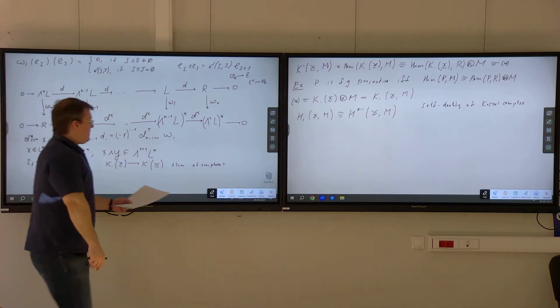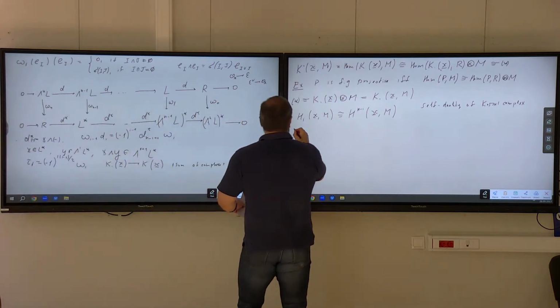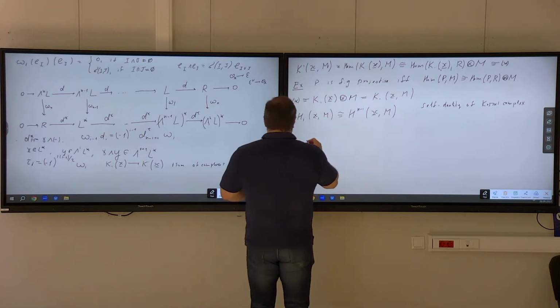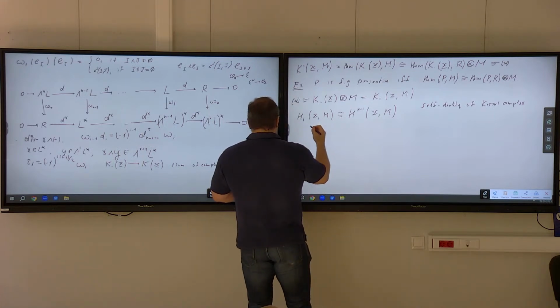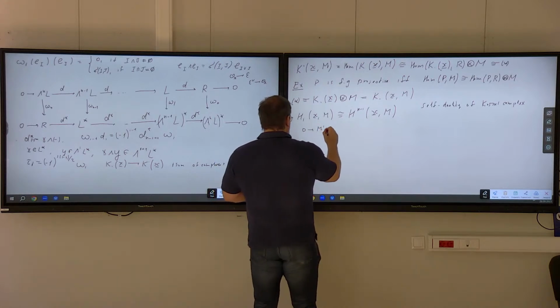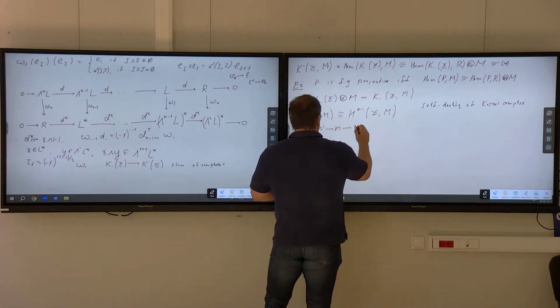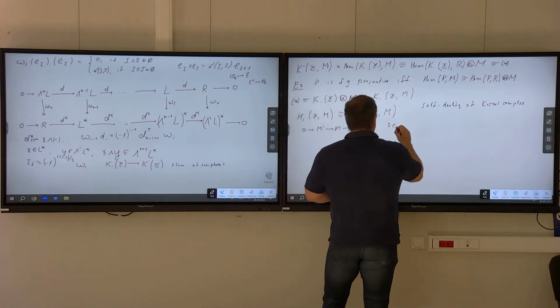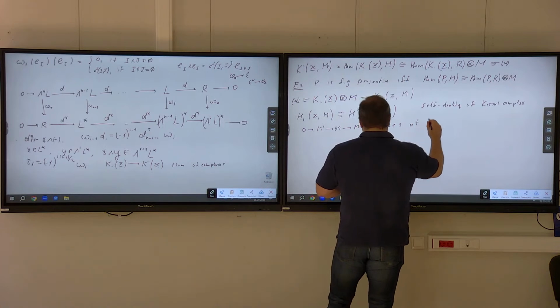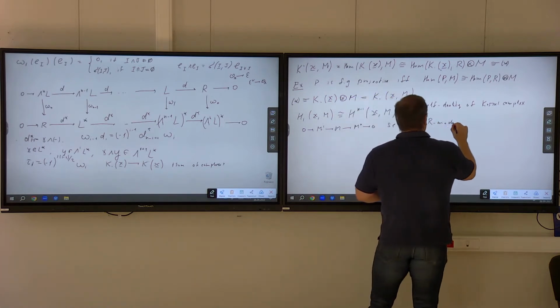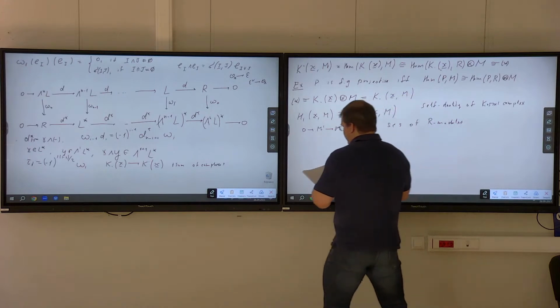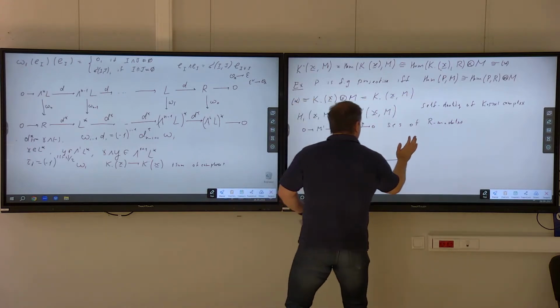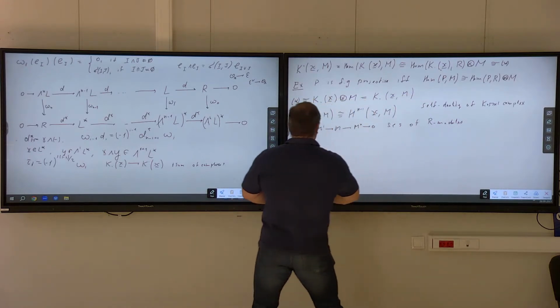Okay. Finally, the last of the trivial observations. Easy, but I think it's important. Suppose we have a short exact sequence of R modules. Then I claim that we have short exact sequences of complexes.